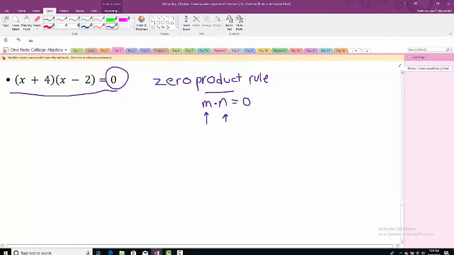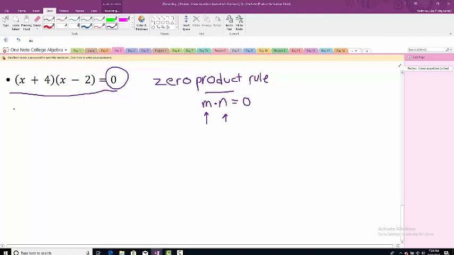That's the only way to get 0. If this is 10 and this is 2, it doesn't give you 0. Even if this is 10 and this is negative 10, it does not give you 0. If this is 10 and this is 0, it gives you 0. If this is 0 and this is a million, it gives you 0. So if one of these is 0, or both of them, then you get 0.